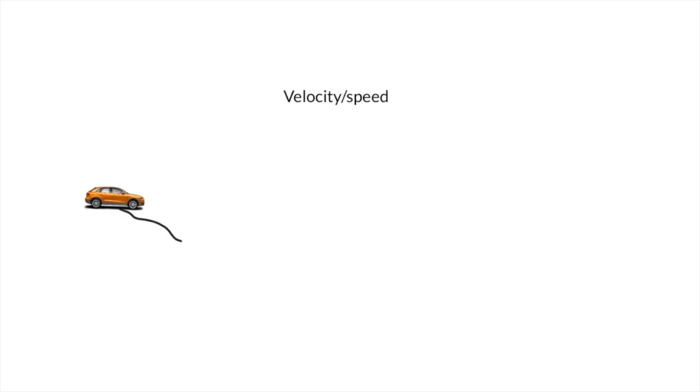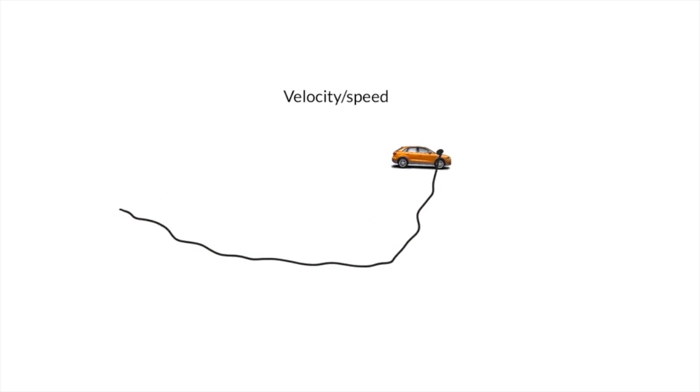If this car is to move from this point to this point, then I can say that this black line which you are seeing is a distance, and it is also called path length. Path length is the total distance covered by a body.